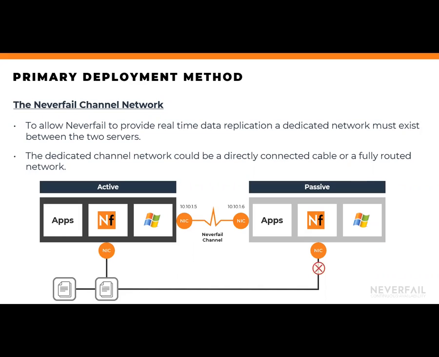But the idea here is it routes all of the replication and monitoring traffic over this specific set of IP addresses, so that it's closed. The data only goes point to point, and it allows us to communicate with the passive node without having a public IP address on the secondary that's active.